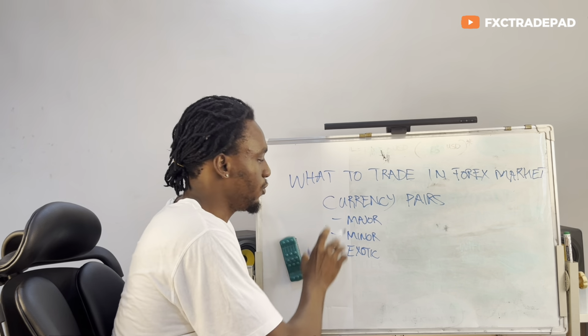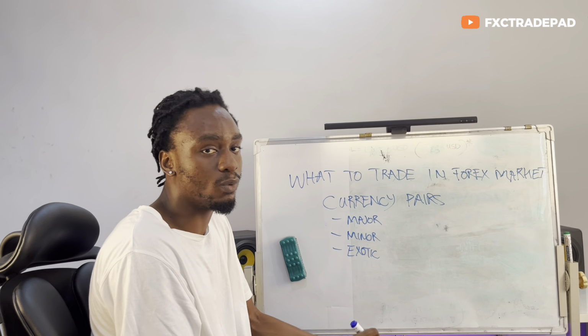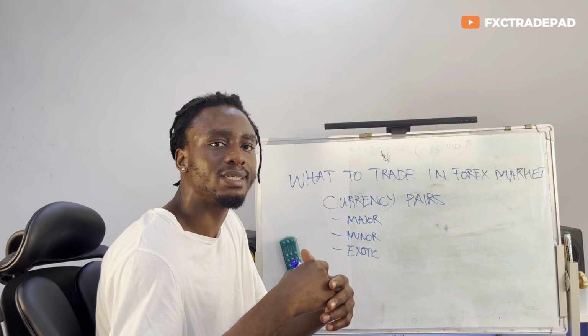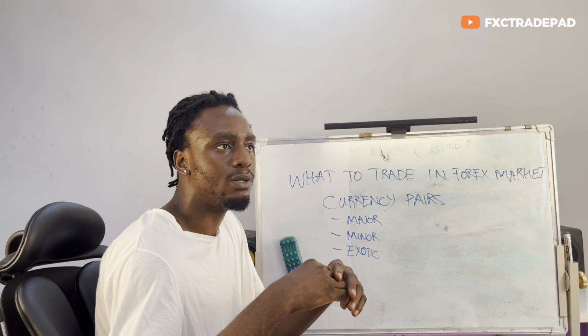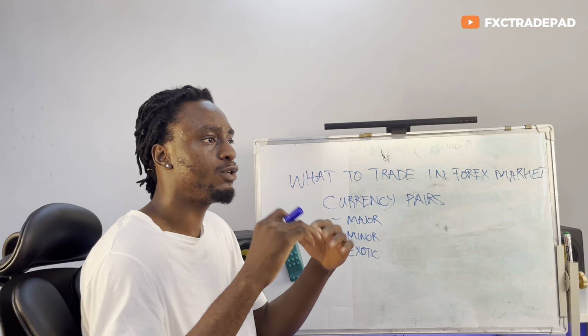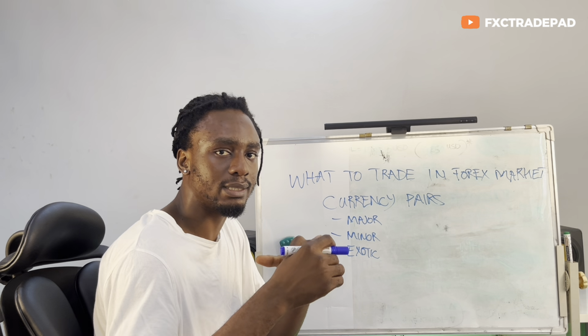So now we will give a definition of all this, and now point the one that we trade and the one we don't trade. So what is major? Major currencies are a few currencies recognized all over the world. There is no way in the world that you go with US dollar, they won't recognize it as a legal tender, alright?